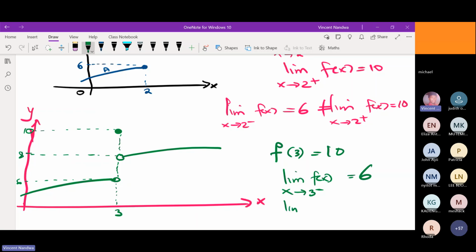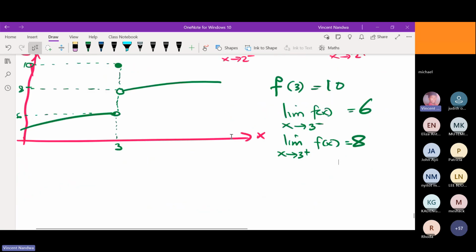And the limit as x approaches 3 from the right of f of x will be? 8. So this is also another example of a jump discontinuity where the two one-sided limits exist, but they are different. So the function is discontinuous at x equals 3.